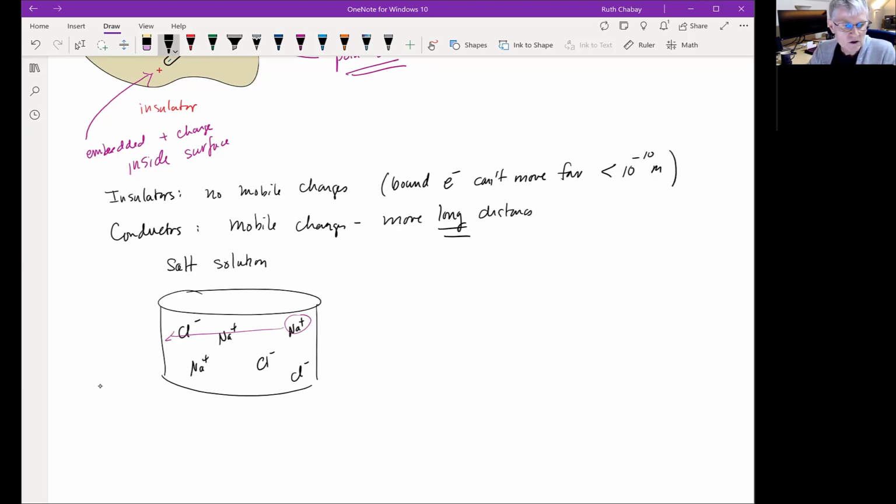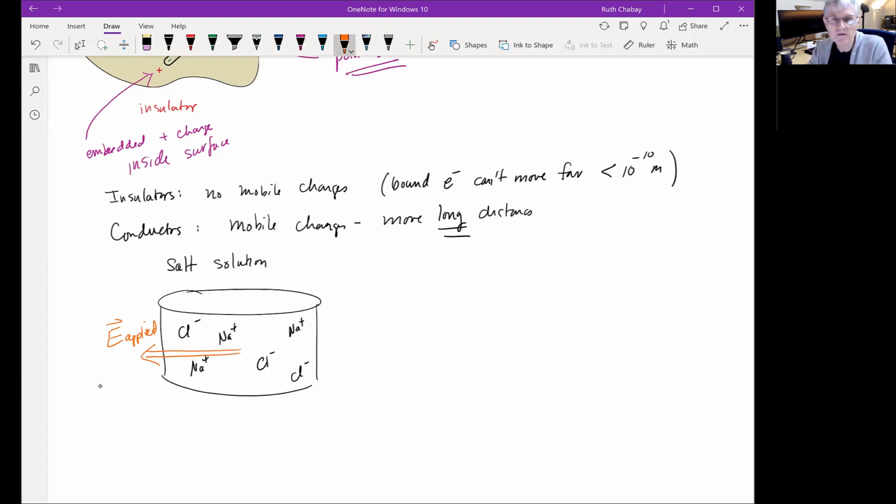And so if we applied an electric field here, let's suppose that there's something outside here that we don't know that creates an electric field. And we don't know what the sources are. There could be positive charge on the right, there could be negative charge on the left, it doesn't matter.